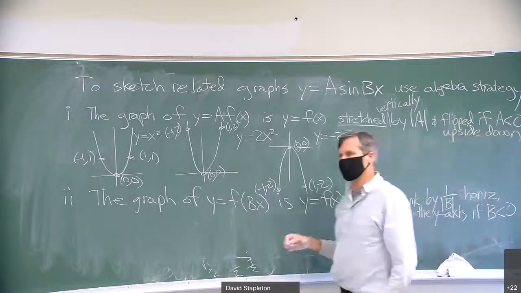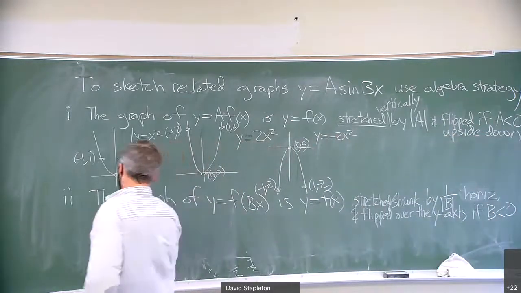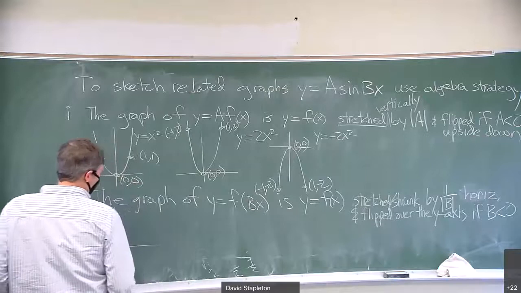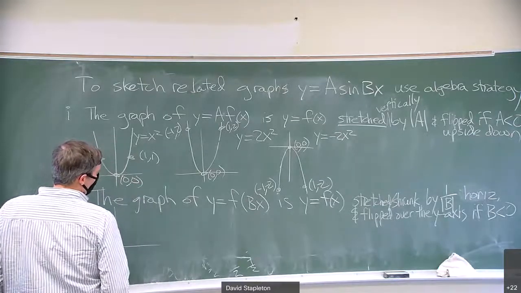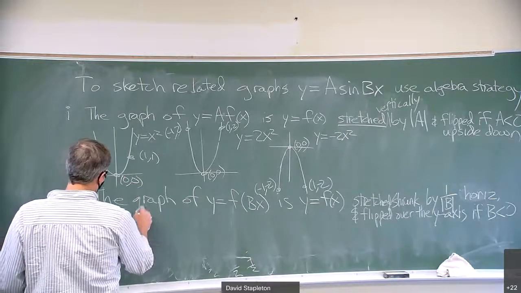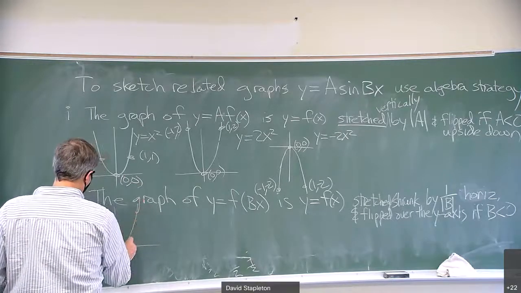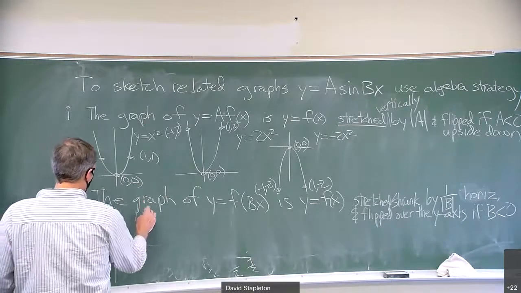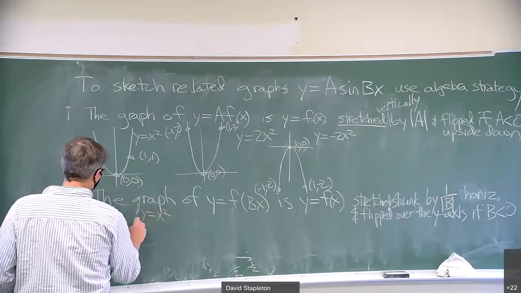All right, and you can see this from a simple graph like the squaring function again. If I have y equals x squared again, it goes through these three easy points.